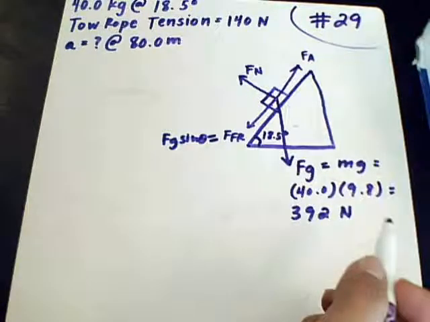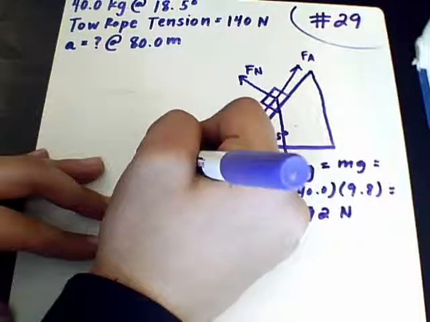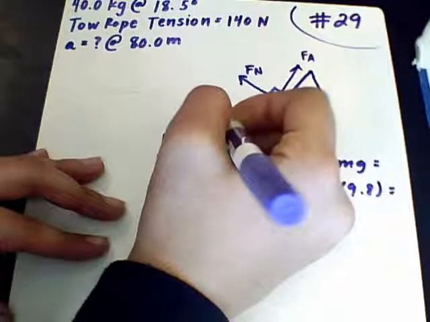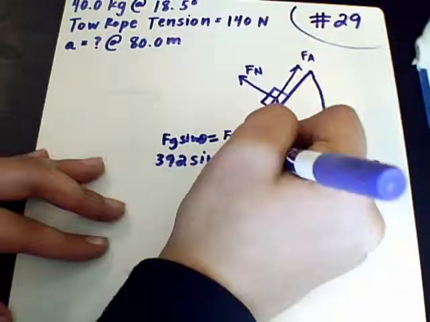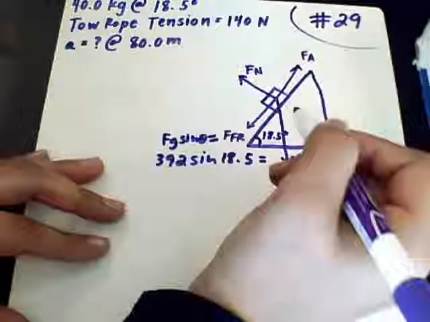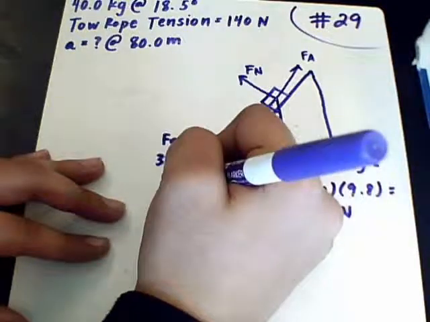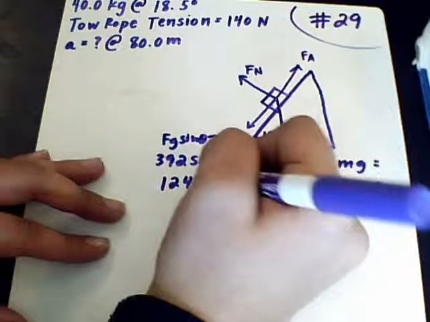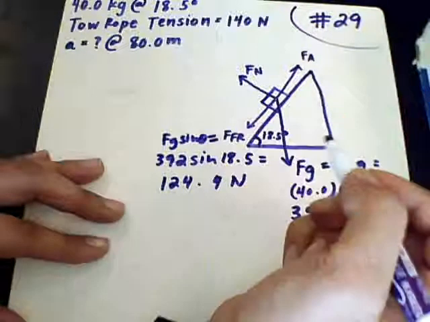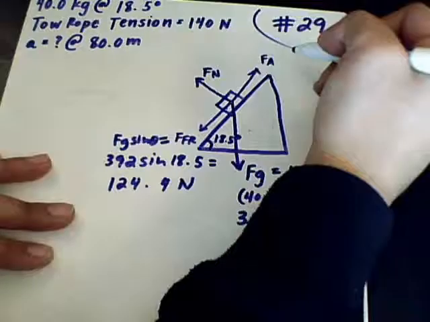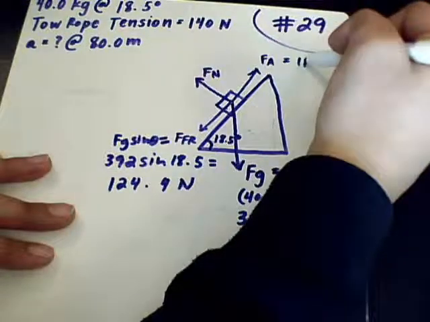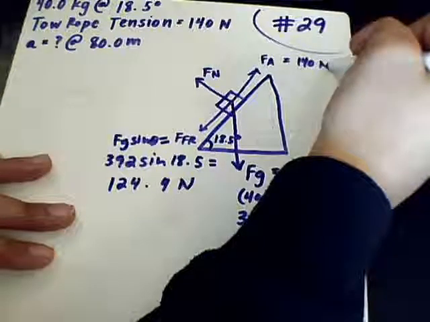So our F of G is 392 sine 18.5, which is equal to 124.4 newtons. Our F of A was given to us, so we can just write that as 140 newtons.